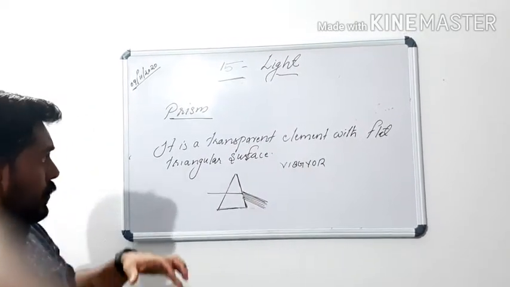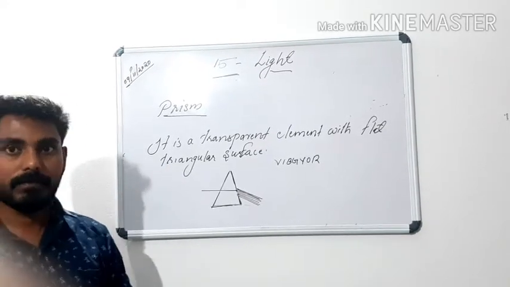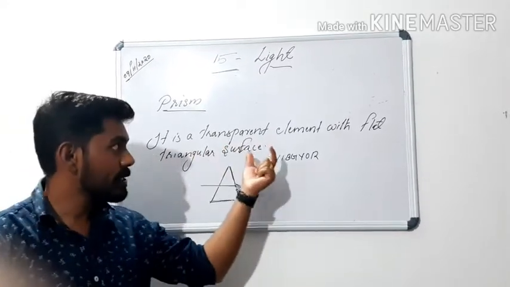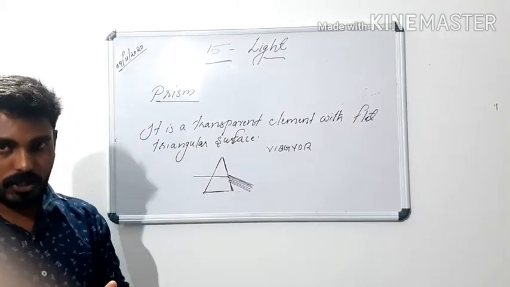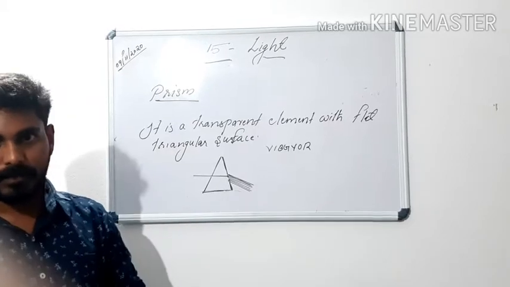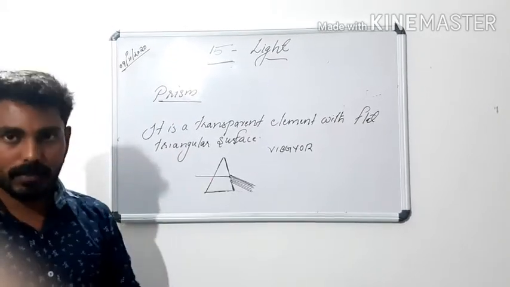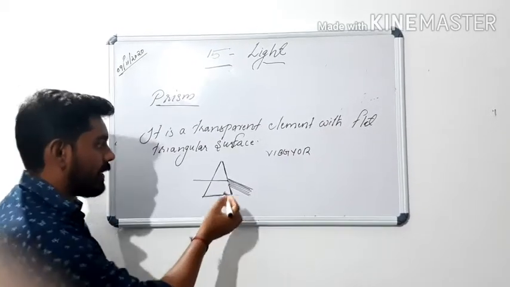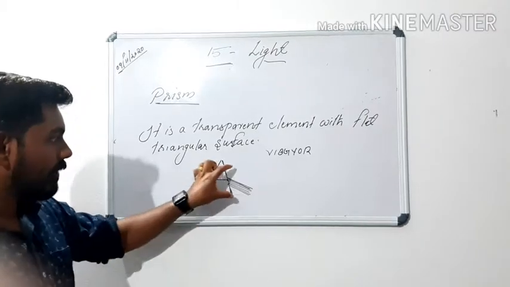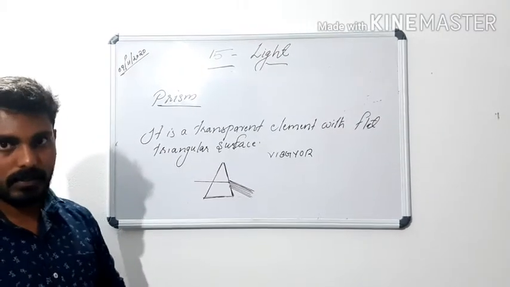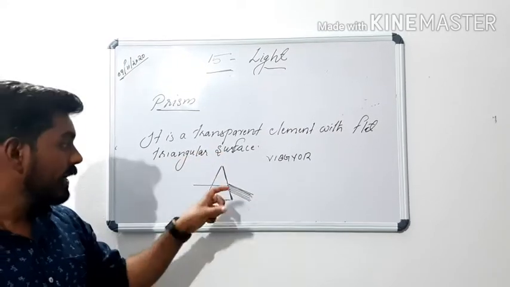Okay. To know that, take a prism. What is a prism? It is a transparent element with a flat triangular surface. That is a triangular shape of a glass piece. This is a three-dimensional shape. When the light passes through this prism, you can see that it is split into 7 colors, its own constituent colors.